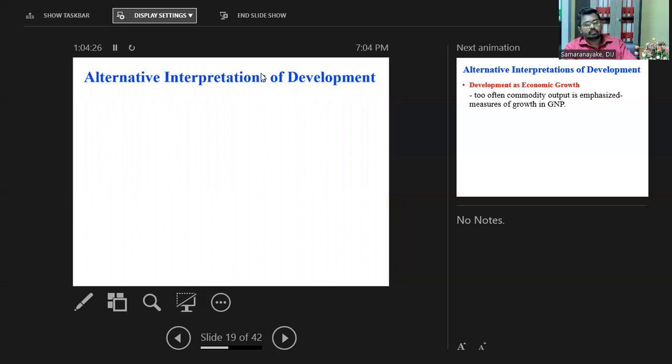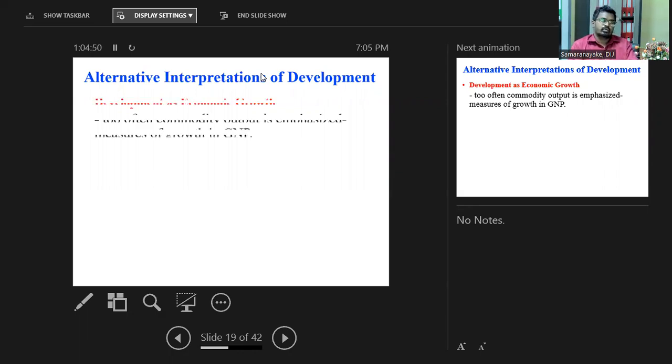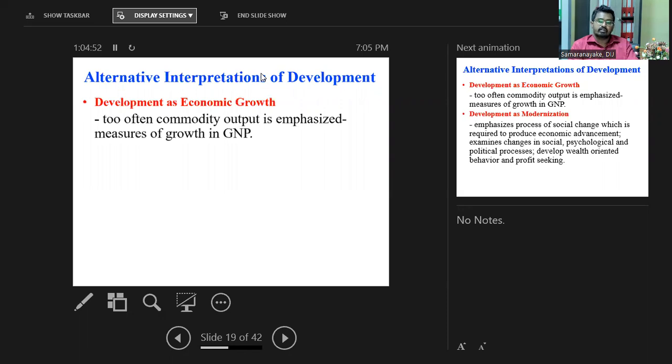Now, when it's called development, since it is a complex idea as we discussed, and since it is a multifaceted matter to discuss, we got different types of interpretations for this. So here I will present you some popular interpretations of development, or we can call them alternative interpretations of development.